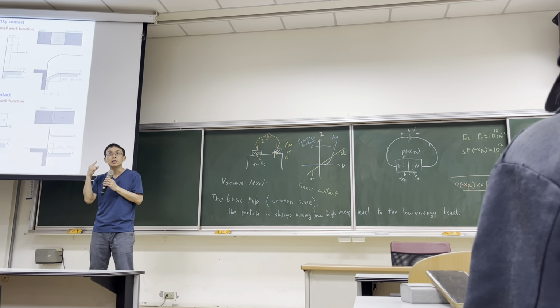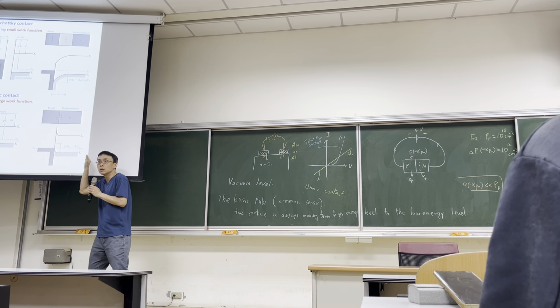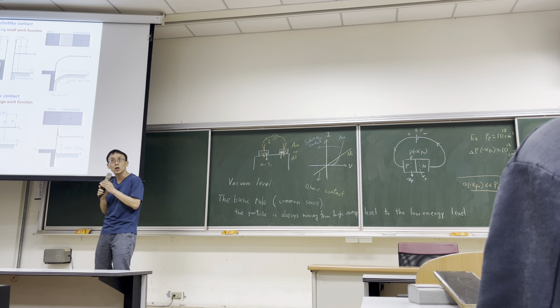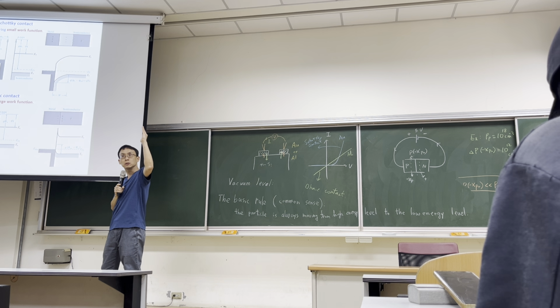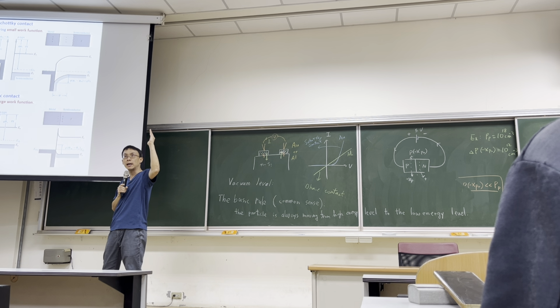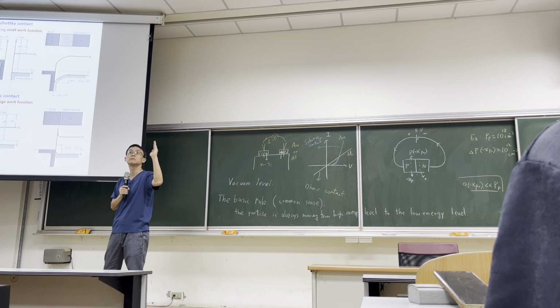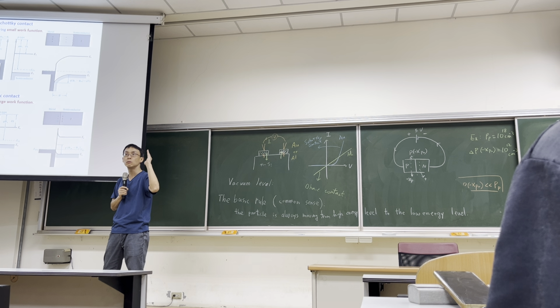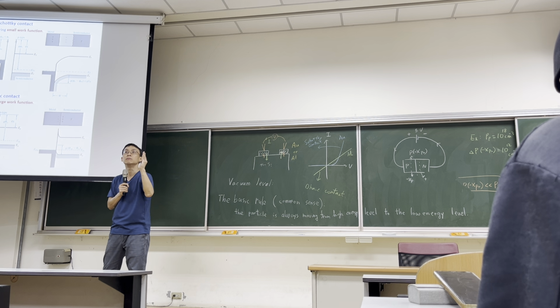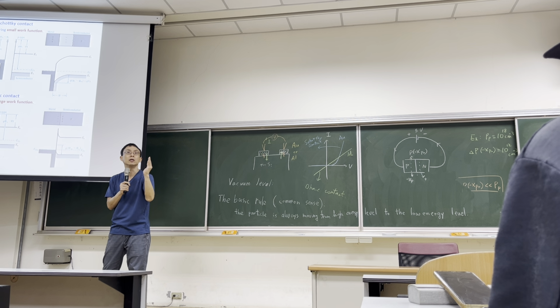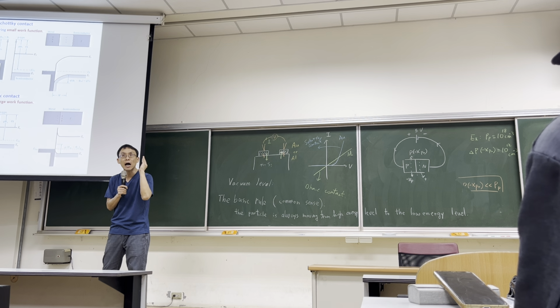So again, let me remind you, when you are drawing the band diagram, what is the vertical axis? This is the 100th time I asked the same question. The vertical axis is energy. Whose energy?